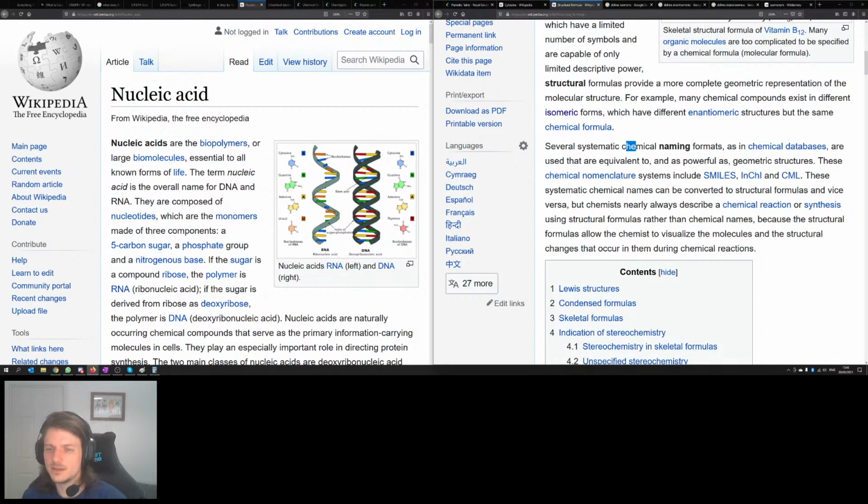Several systematic chemical naming formats, as in chemical databases, are used that are equivalent to and as powerful as geometric structures. These chemical nomenclature systems include SMILES, InChI, and CML.